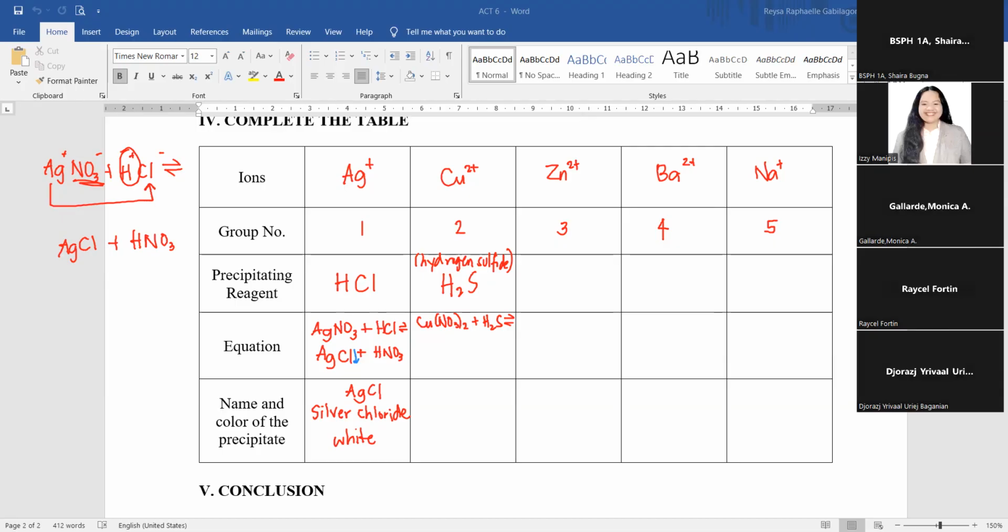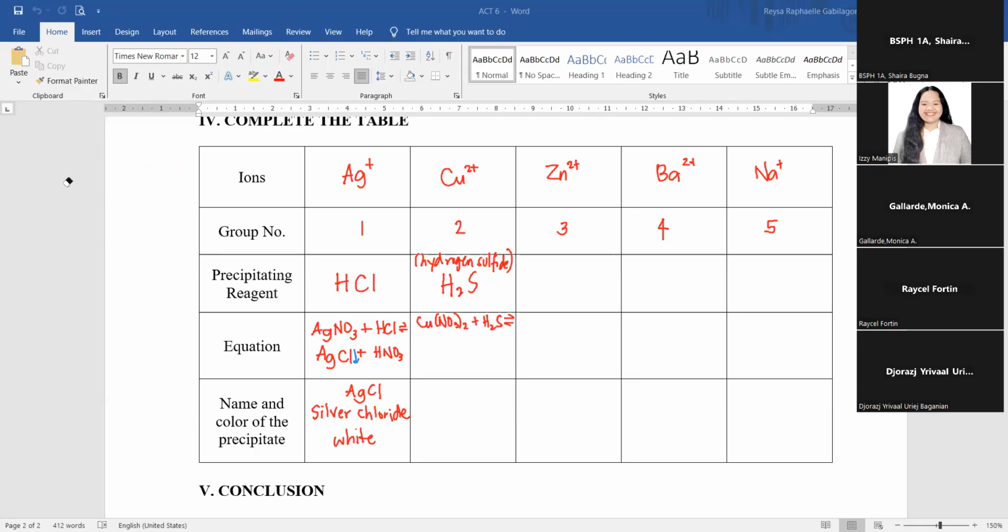Noeline. Yes. Anong type of reaction ito? Double displacement po, ma'am. Okay, this is still double displacement. Very good. So, exchange partners pa rin sila ha.